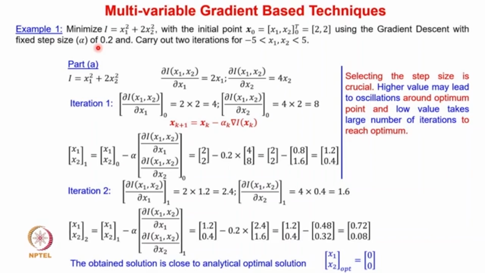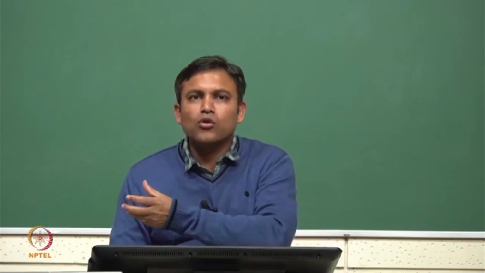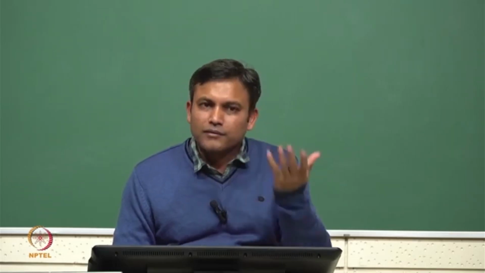In fact, a large number of modifications of these gradient based methods are developed, in which the step size is also automatically modified. You don't have to specify it, you have to specify only the starting value, and later as you go ahead, the step size values are modified accordingly.